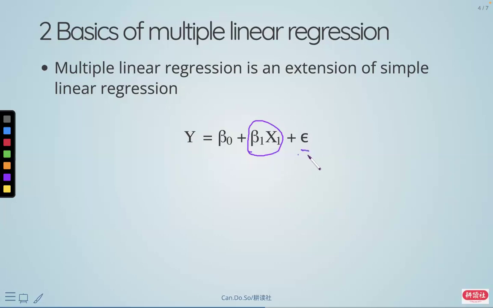And this is the error term, and this is the intercept. This is called a predictor or independent variable, and this is the dependent variable, or the estimate.